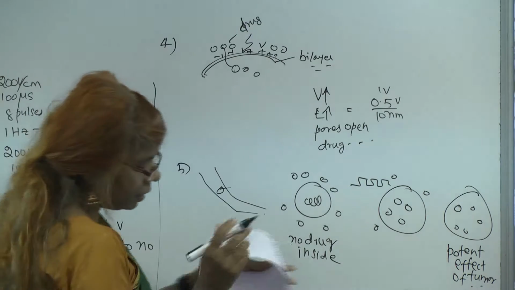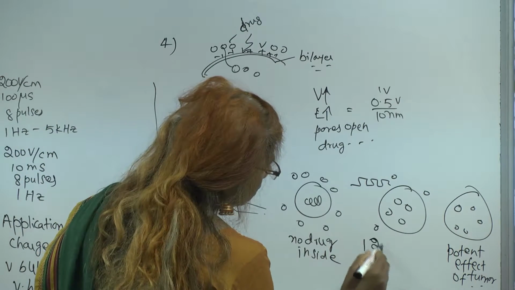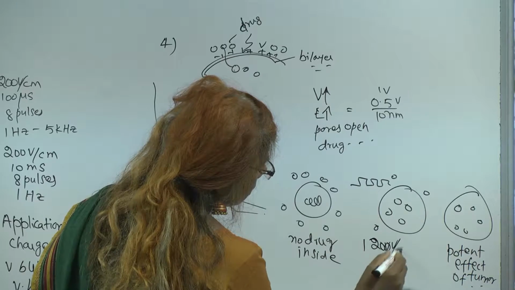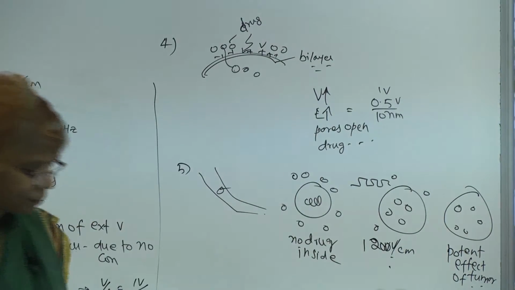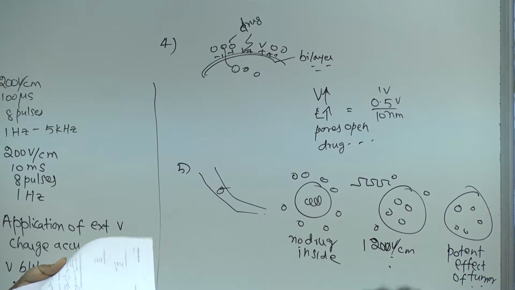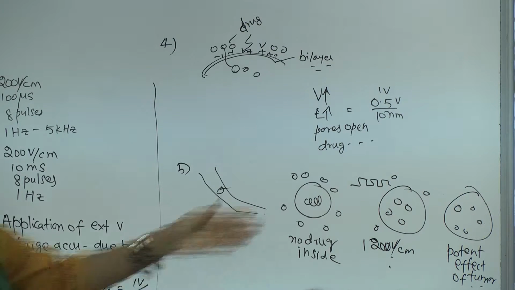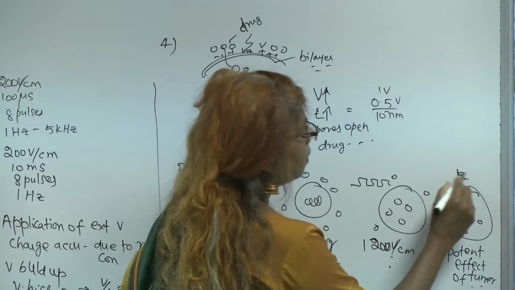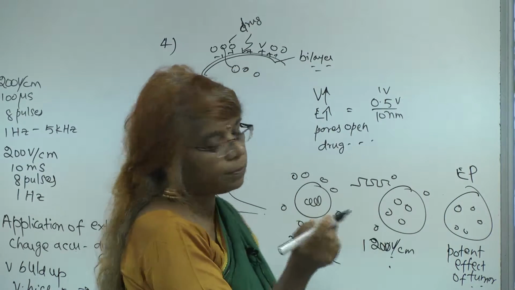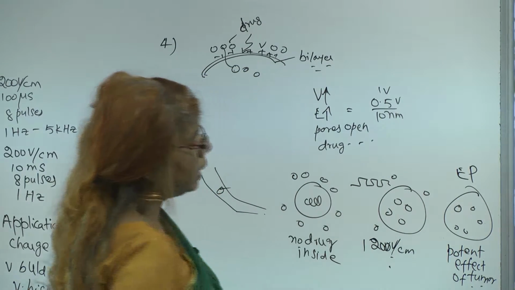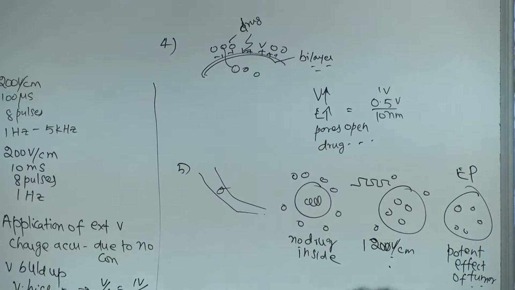So I have mentioned here 1200 volts per centimeter, all those things. 100 microsecond, 8 pulses, 1 kilohertz to 5 kilohertz. Then electroporation happens, EP, electroporation, potent localized effect, tumor treatment.